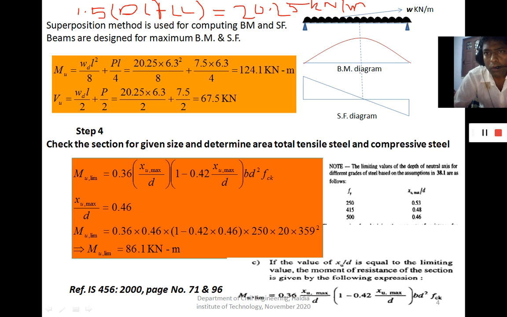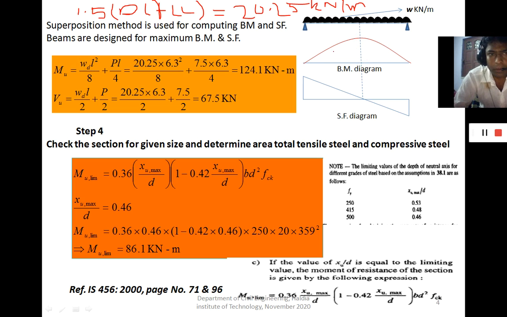Individual separate analyses are carried out for UDL and for point load, and the results are added.